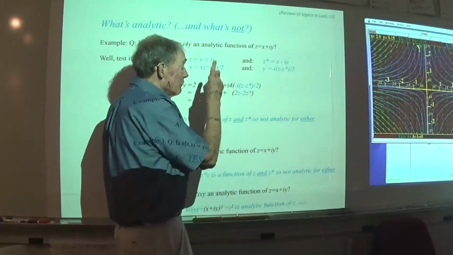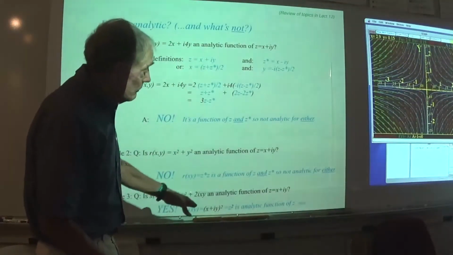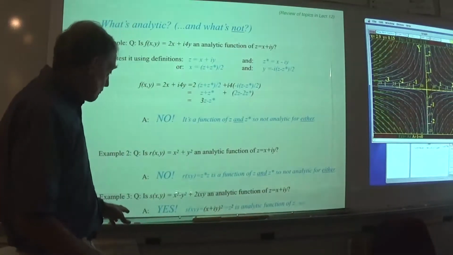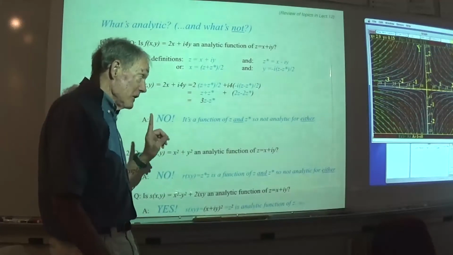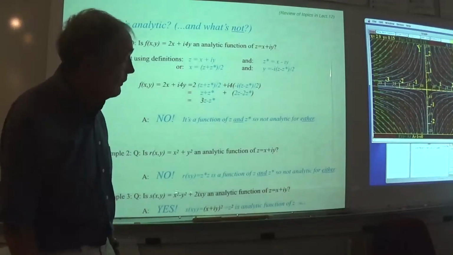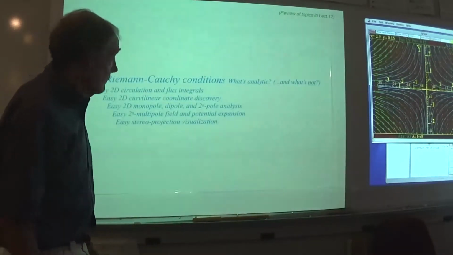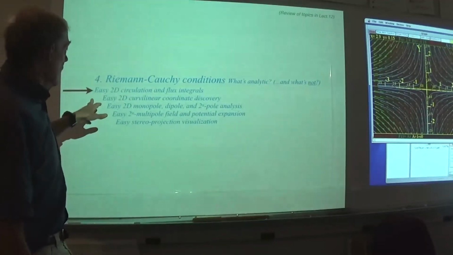If it's just a function of one of those, it's an analytic function of that variable. In this case, we're looking for analytic functions of z. And the most famous one in quantum mechanics, psi star psi, is not an analytic function of the variable psi. So that's something to keep in mind when it comes time to look at some of these complex calculus or scattering problems in quantum mechanics.